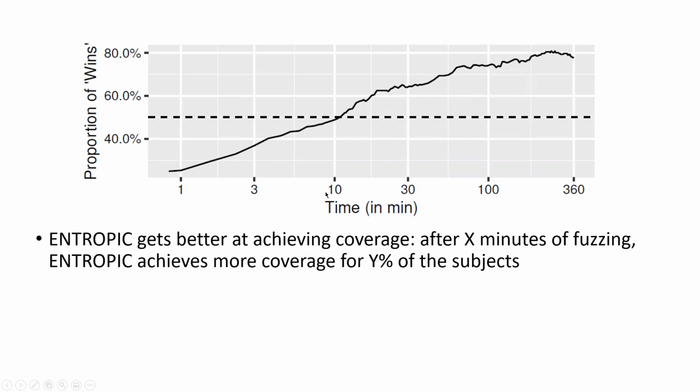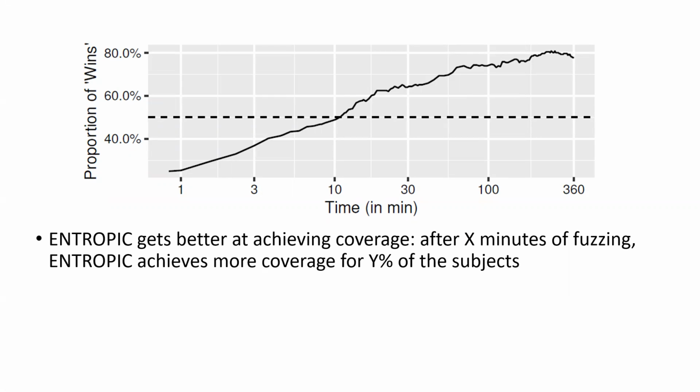For example, you can see here that after 10 minutes, Entropic achieves more coverage for half of the subjects, and the previous fuzzer also achieves better coverage for half of the subjects.